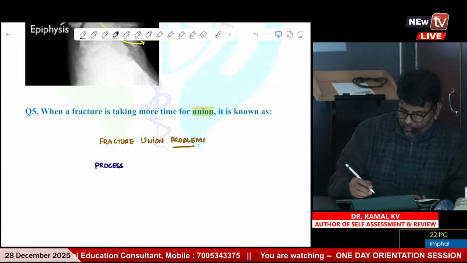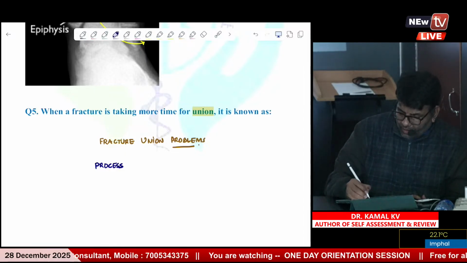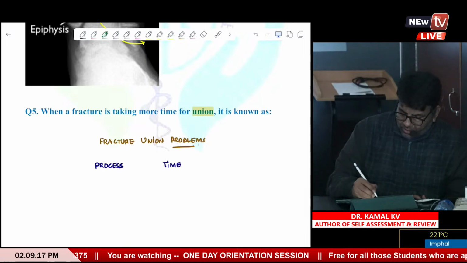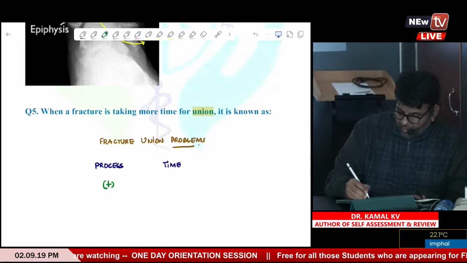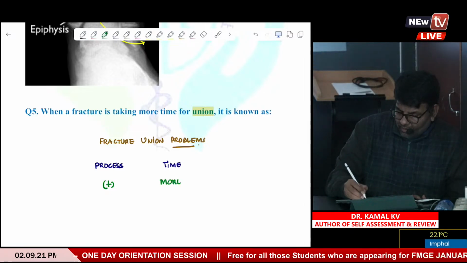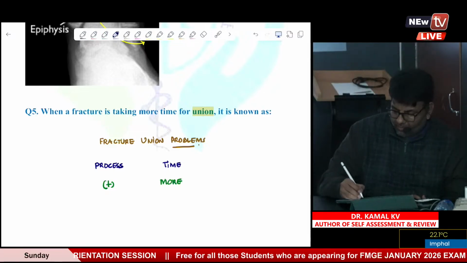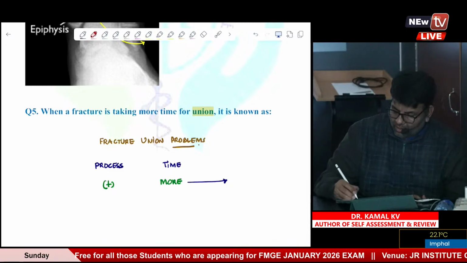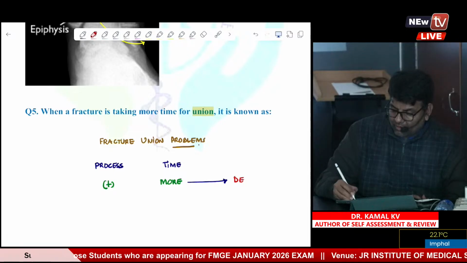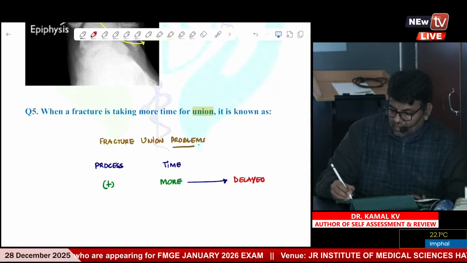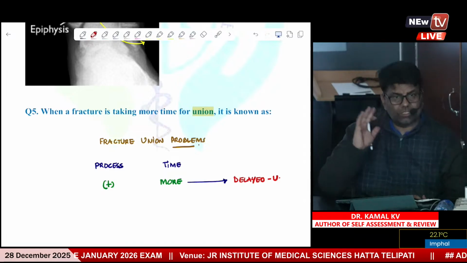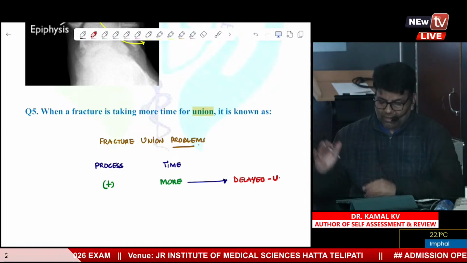Process, and you can write like here, time. So if the process is going on but taking more time, as is being asked in the question, what is this condition? This is known as delayed union. Clear? Process is going on but it is taking more time, so it is delayed.